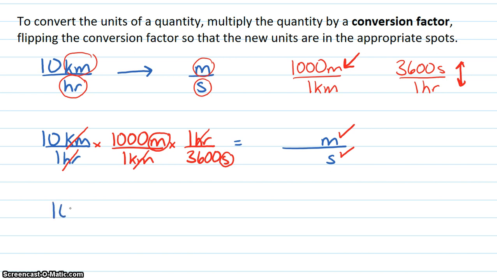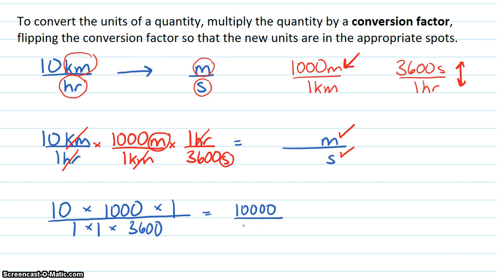You have your 10 multiplied by 1,000 multiplied by 1 on the top, and on the bottom you have 1 multiplied by 1 multiplied by 3,600. So essentially you have 10 times 1,000, which is 10,000, divided by 3,600, and we'll pull out a calculator.